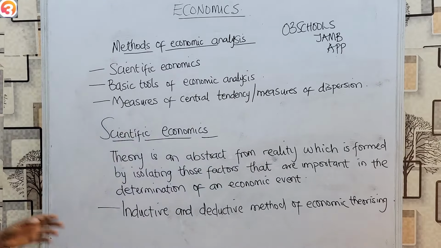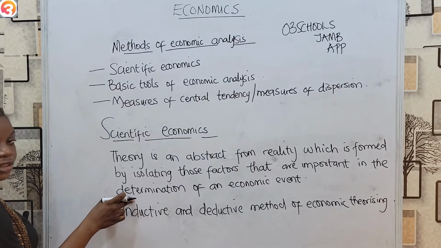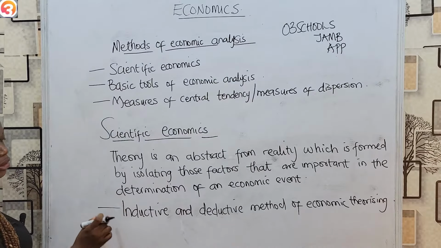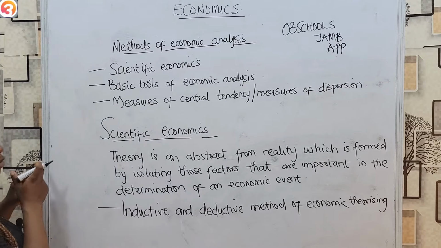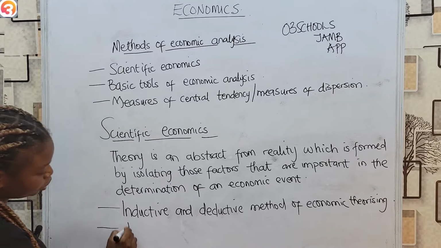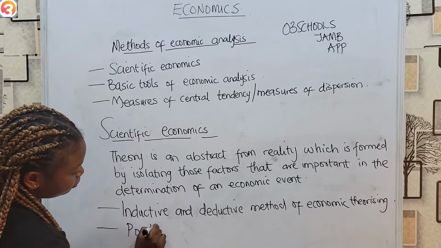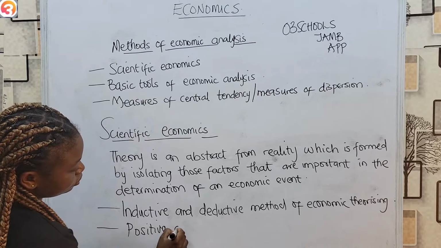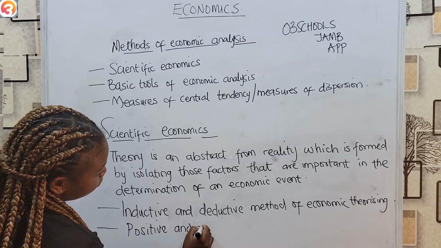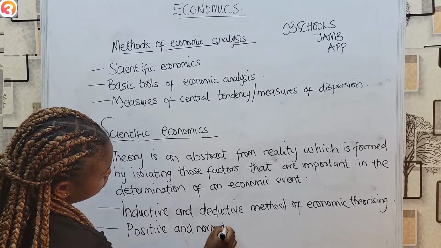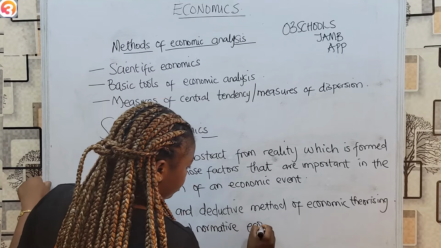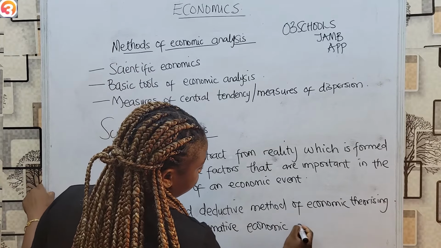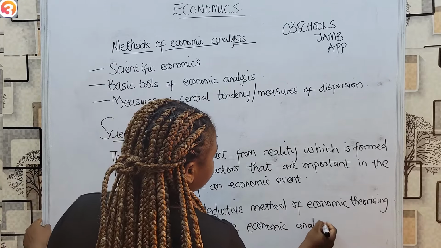That's why I first of all defined what a theory is for you before we look at the approaches. Although this is the first approach, we have the second approach. The second approach is positive and normative economic analysis.